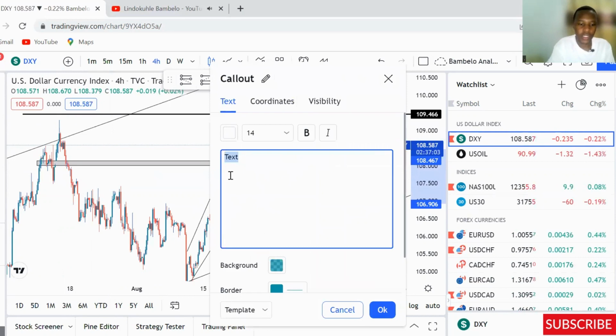So what this means is a strong DXY. Okay, let me first type it. Right, so starting off with the DXY.